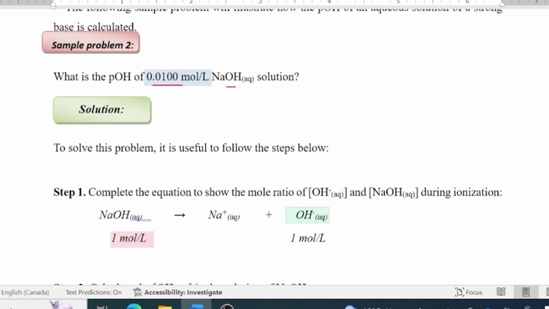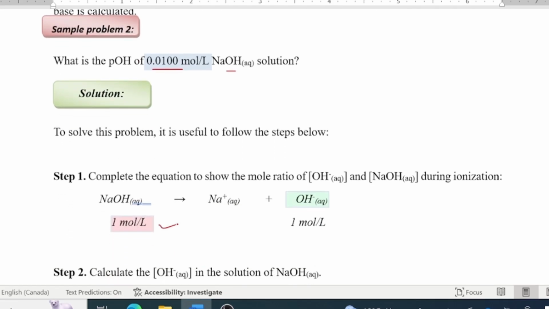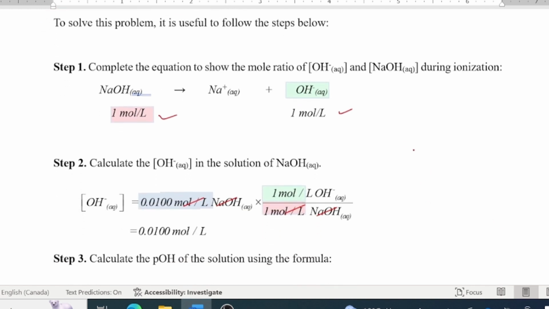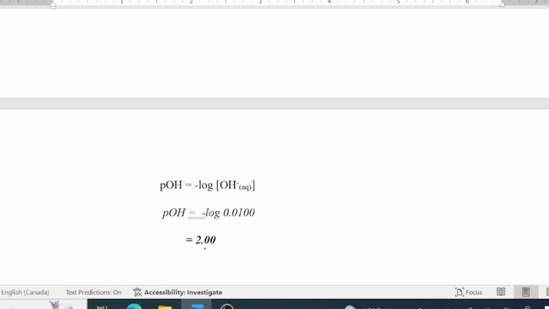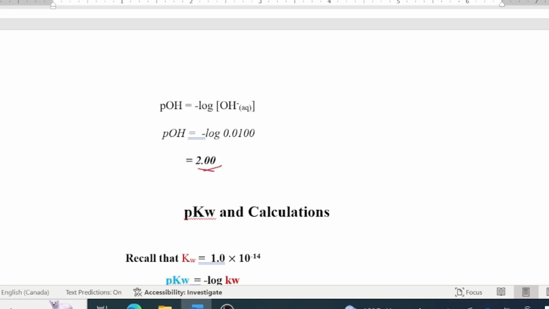Here, 1 mole of sodium hydroxide produces 1 mole of OH ions. Now you want to find the number of moles of this per liter. Take the parent compound there and multiply by the mole ratio here, and you get that concentration of OH there. Do a negative log of that, and you get the pOH to be equal to this, right?